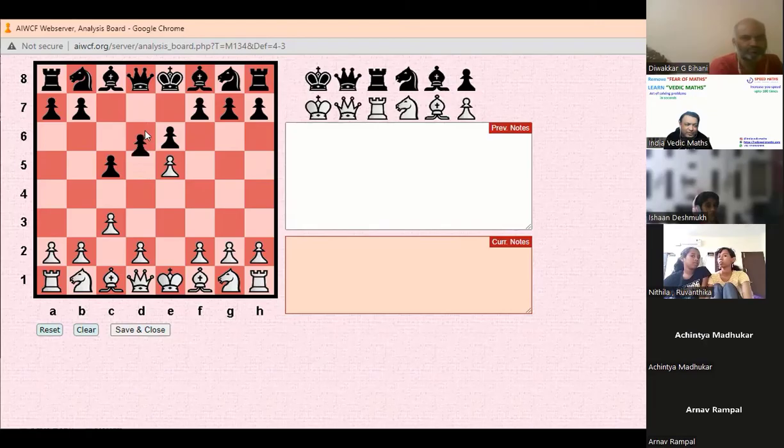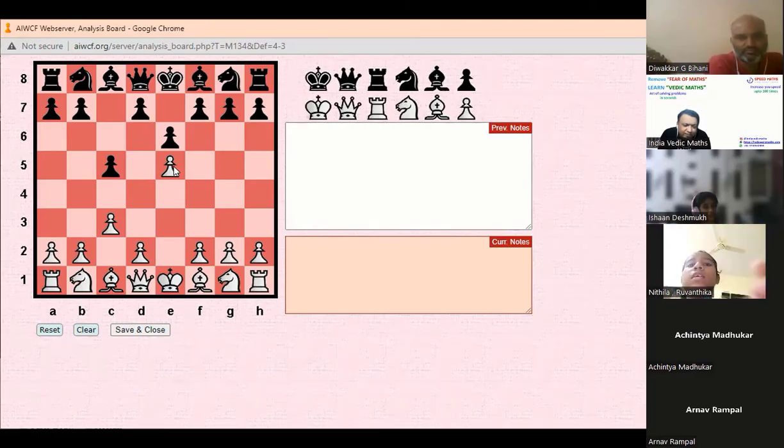Please tell me what confusion you are feeling. Yes, Nitila. Sir, you moved the pawn from D7? D7 to D6 or D7 to D5? D5, sir. See, first this move was made, D5, correct?